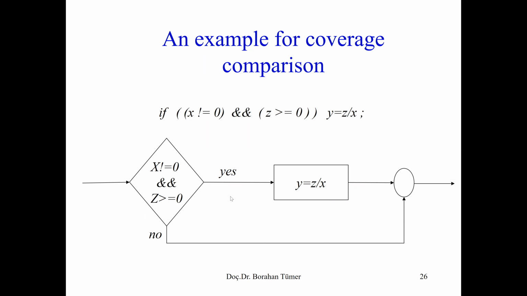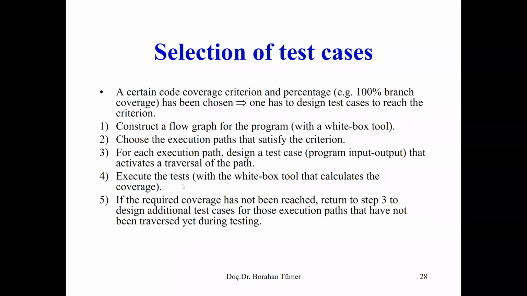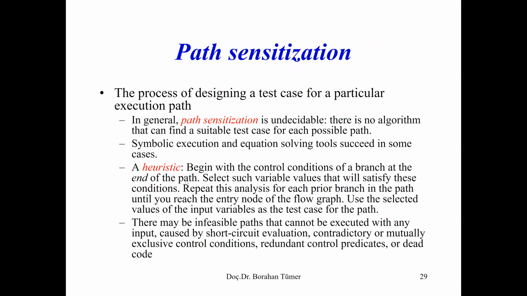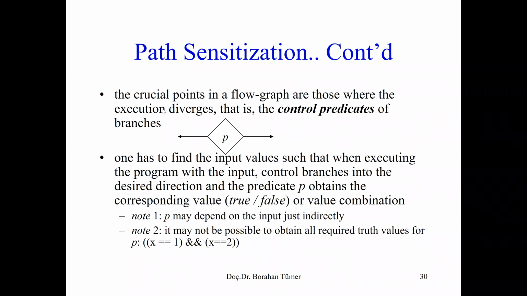The execution is distributed into several different paths. That's what divergence of execution means. So these points where execution diverges are the crucial points in the flow graph. All right, so one has to find the input values such that when executing the program with the input, control branches into the desired direction and the predicate P obtains the corresponding value or value combination.